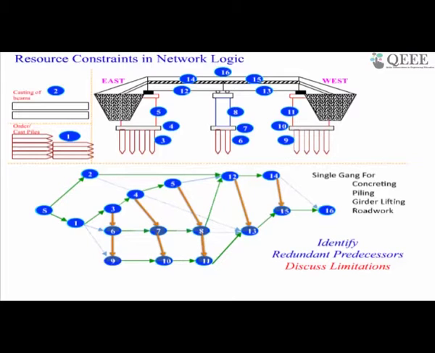But if you actually load resources properly, you don't need to do this relationship because the software will take the resource constraint into account while doing the CPM calculation. And then when you increase resources, so for example, halfway through installing piles here, the contractor decides to mobilize one more piling rig.